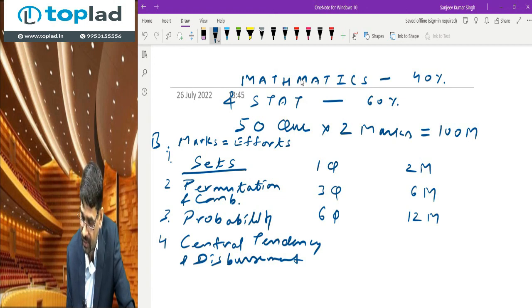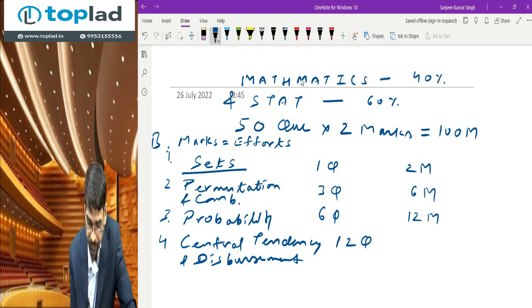From this chapter, our institute asked the highest number of questions. Okay, at least 12 questions. 12 questions means 24 marks.